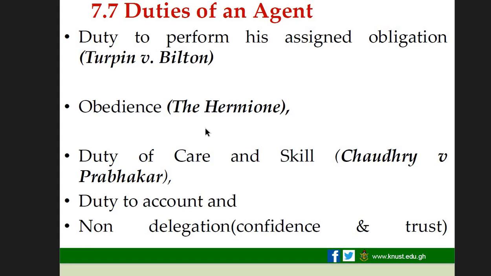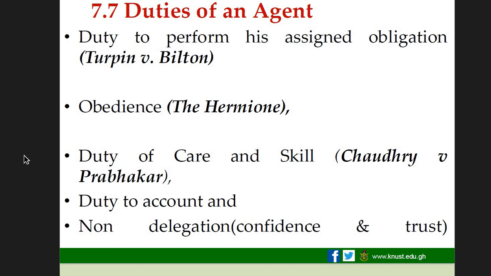And for the fourth one, duty to account. Keep clear records. If I've given you something to look after, let's say something in the form of a sale, you are supposed to sell something. You must account for the money and goods handled, the way you handle it.